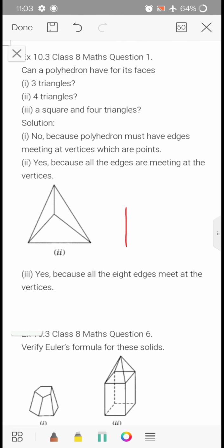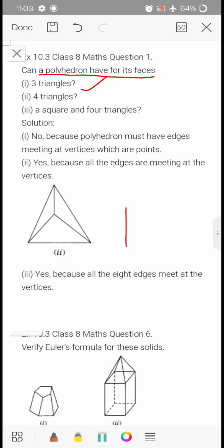Question 1 is, can a polyhedron have for its faces 3 triangles? Means, can a polyhedron have 3 faces, only 3 faces? So no, it cannot have.